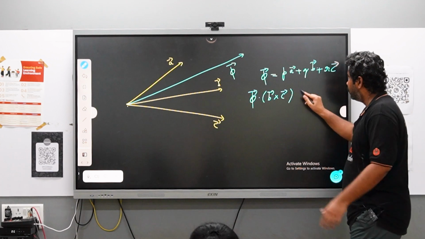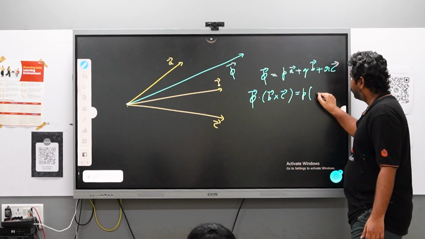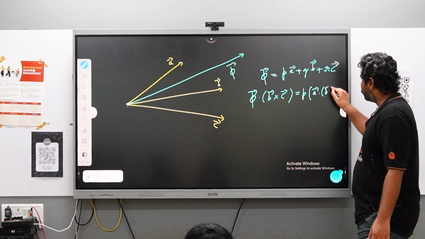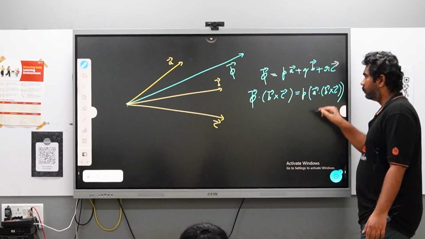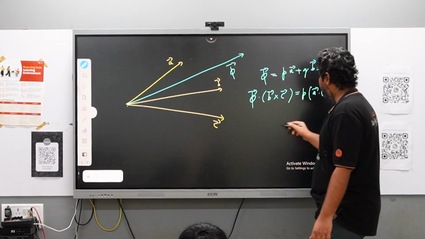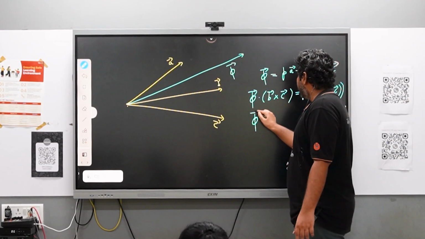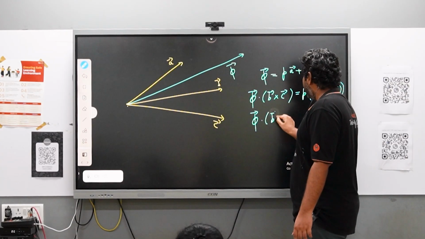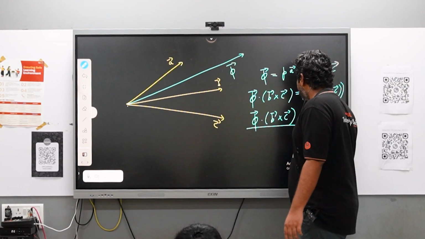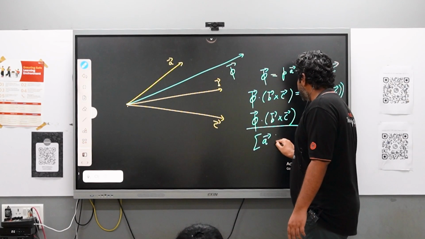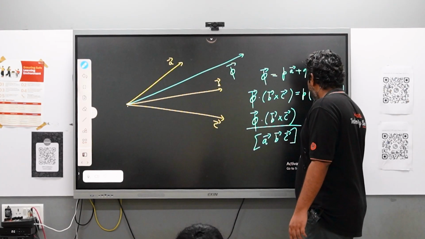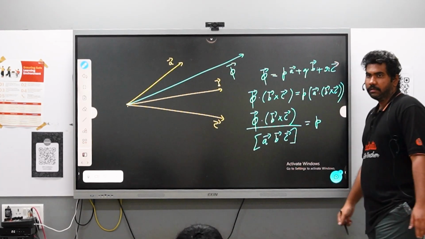Then this will only remain P into A vector dot B cross C. This is something we know already. So phi vector dot B vector cross C vector divided by the box product of ABC is P.